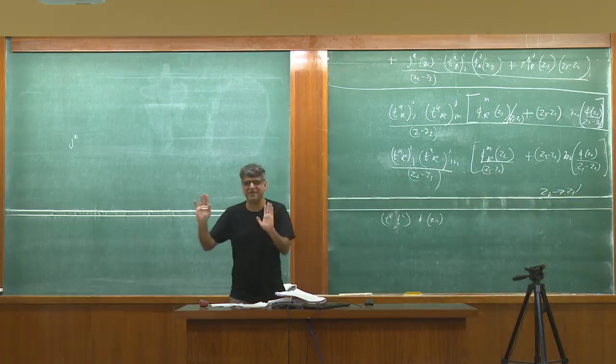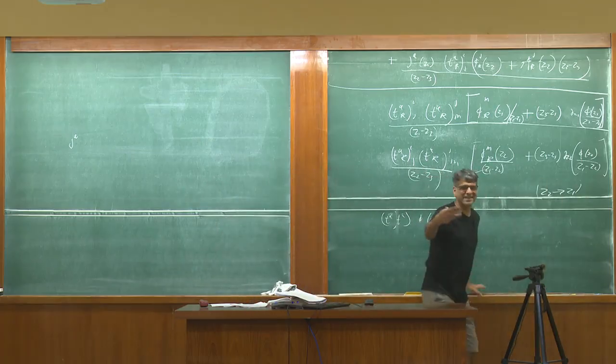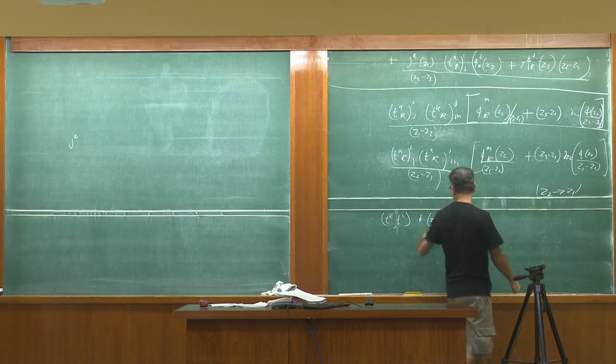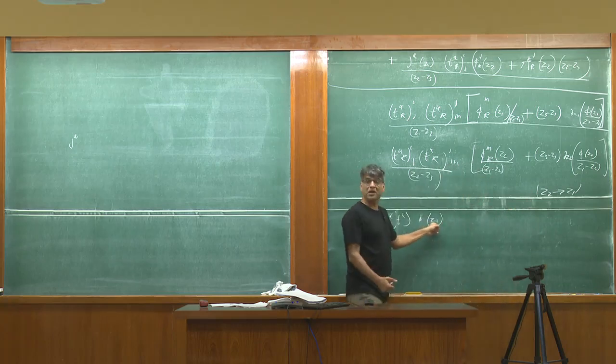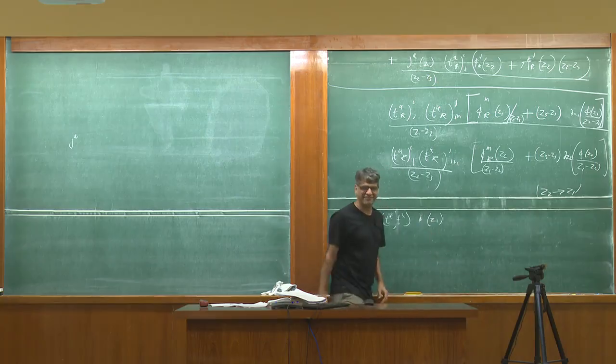I'm doing the calculation very badly, I apologize for it. If I'd done it before, I could have organized it better. Eventually we'll have to again expand this in Z3. Sorry, but let's just see what we have.